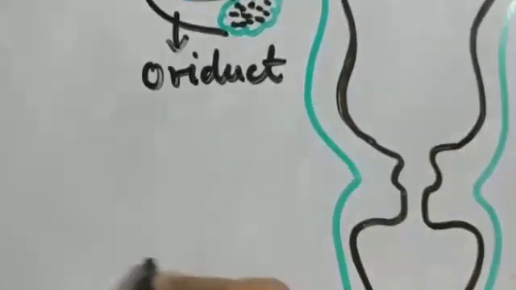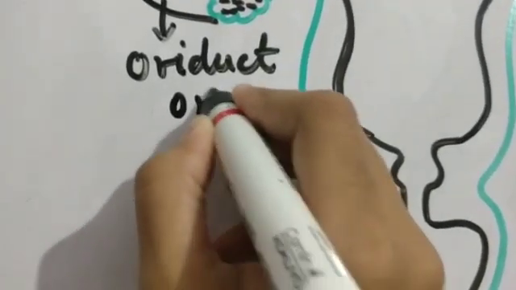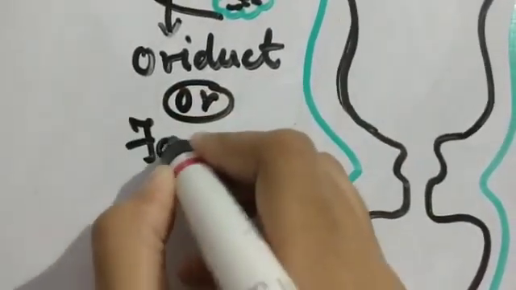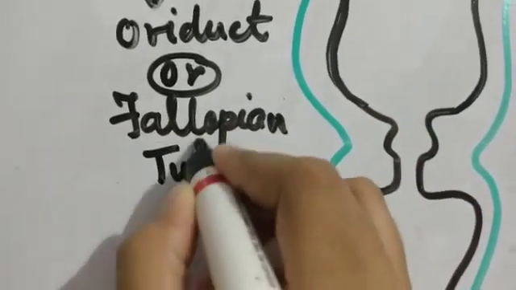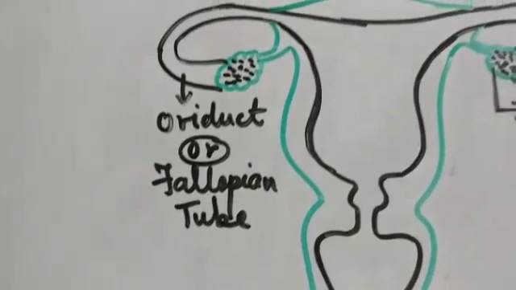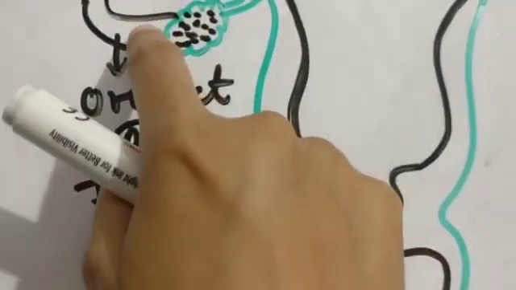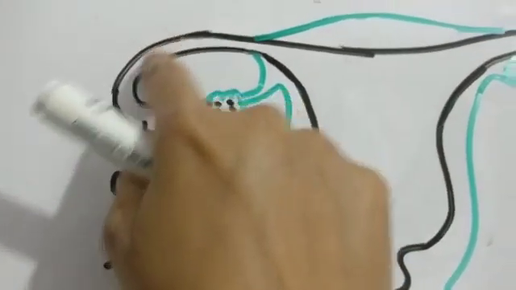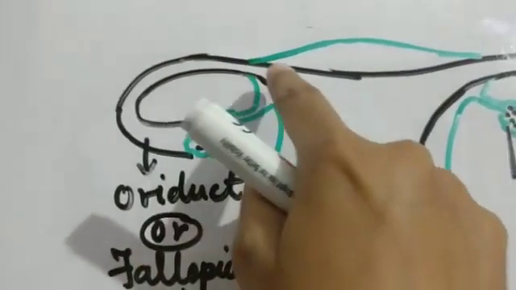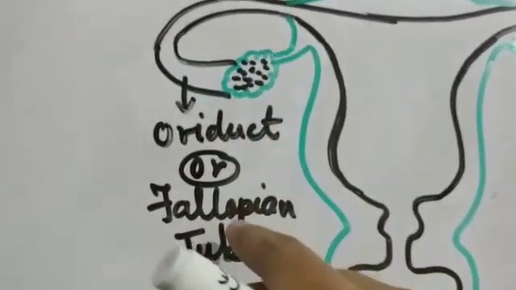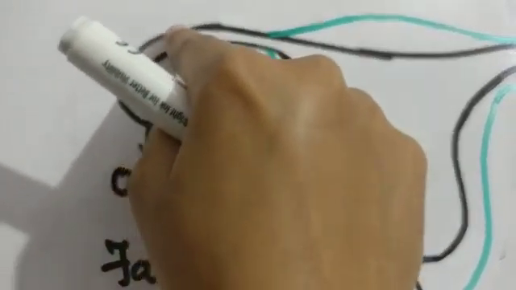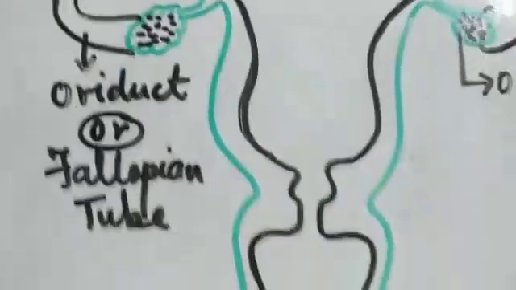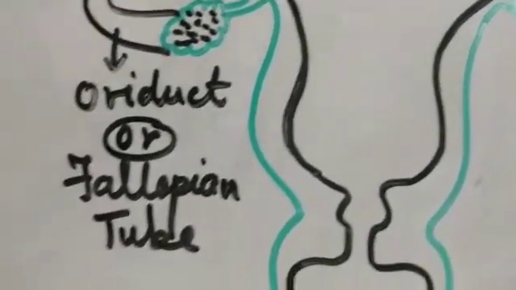Duct means again a passage, or you can say fallopian tube. So when the egg is released, you must have understood by looking that this thin tube-like structure, which we call the oviduct or fallopian tube, will facilitate the moving of the egg.